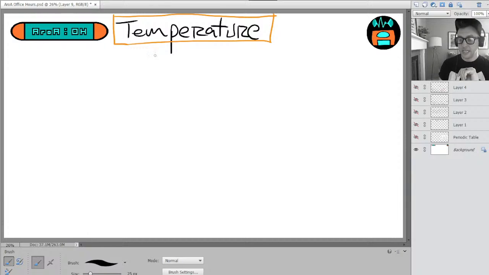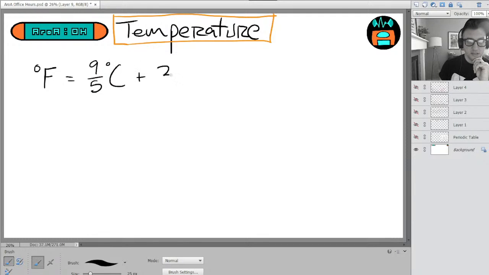So these are the unit conversions. The conversion to find the temperature in degrees Fahrenheit from degrees Celsius is equal to 9/5 degrees C plus 32.